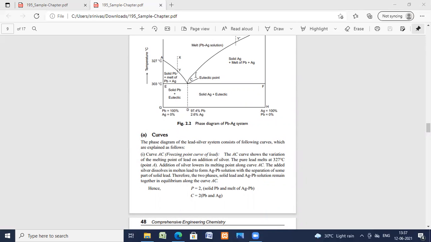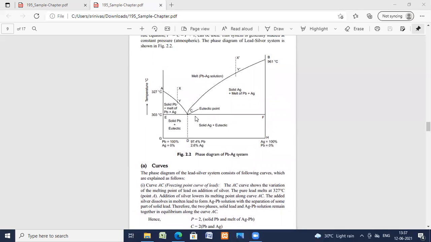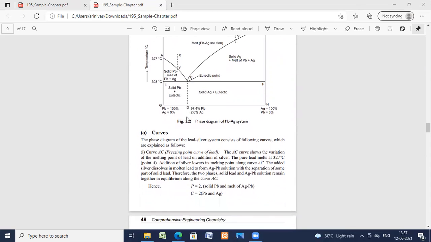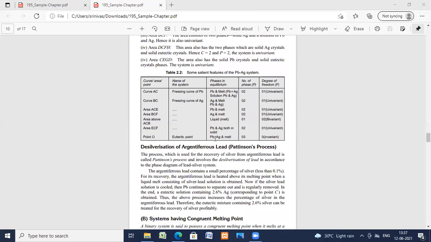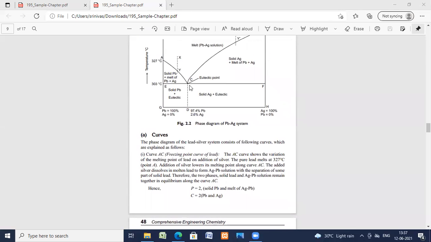Eutectic curve. Here, this is the eutectic point. There you're having Ag, Pb and the complete melt.